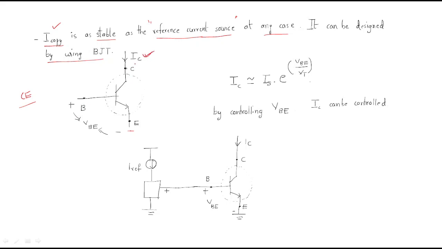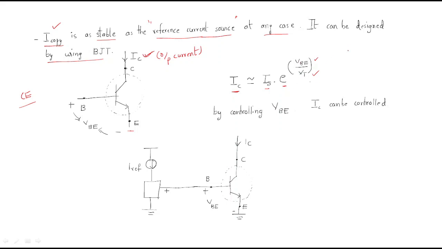Here the output current, the collector current, can be named the output current. This output current can be written as Is e power VBE by VT.